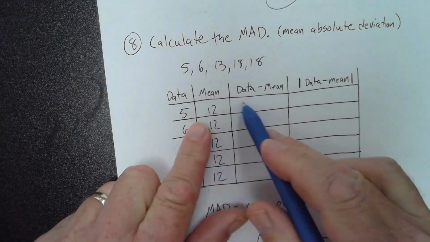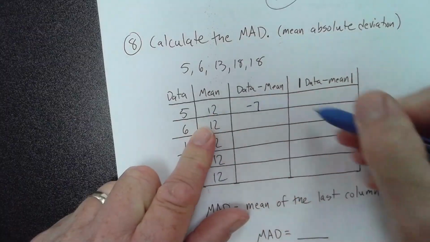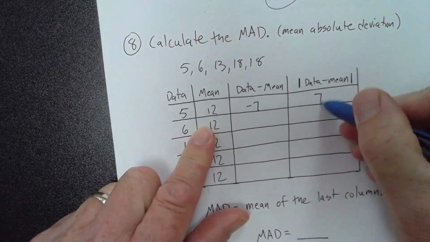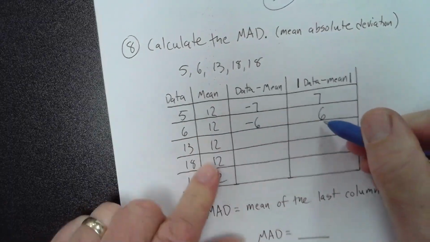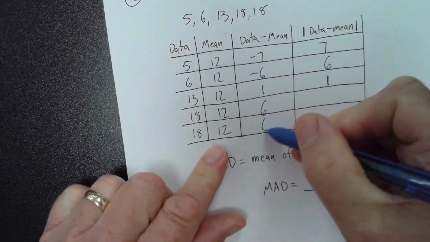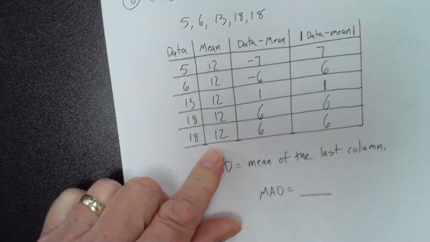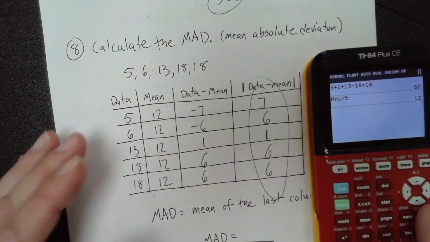Then we do the data minus the mean. So 5 minus 12 is negative 7. Then we take the absolute value of that answer, 7. This minus this is negative 6, so we write 6. This minus this is 1, it stays 1. 6, 6, 6, 6. Then we're going to average those together.